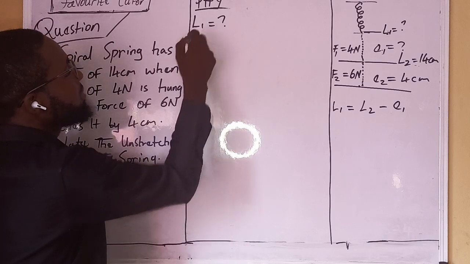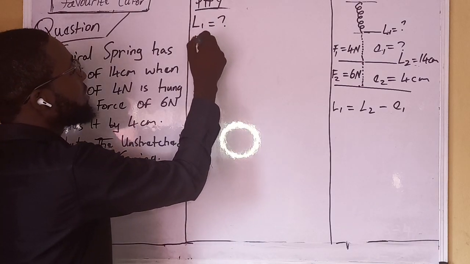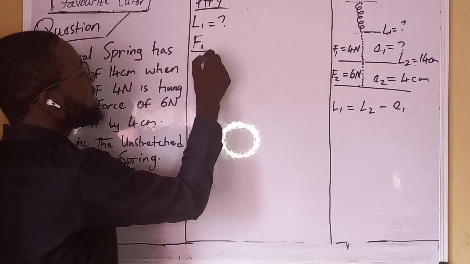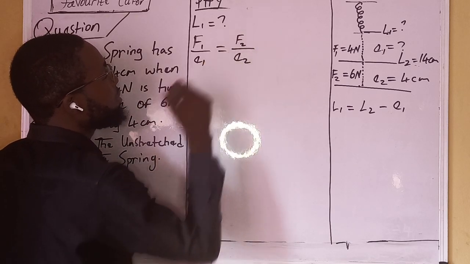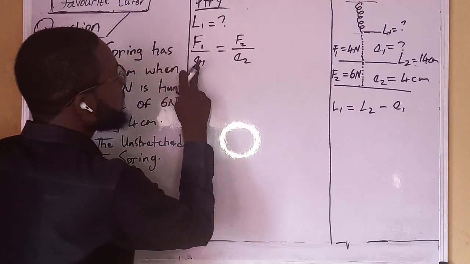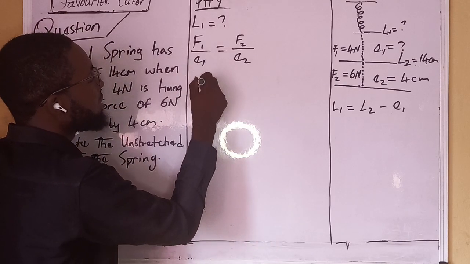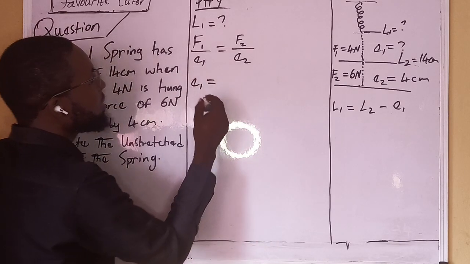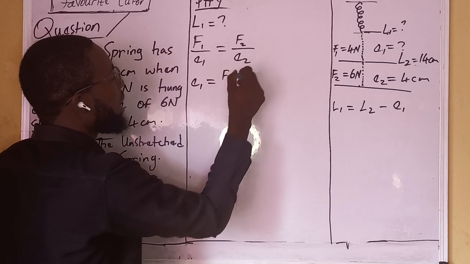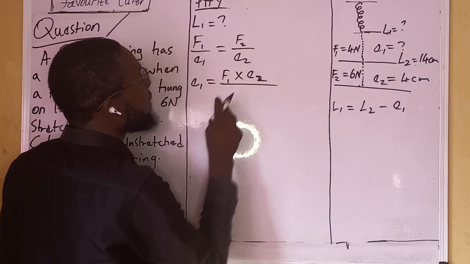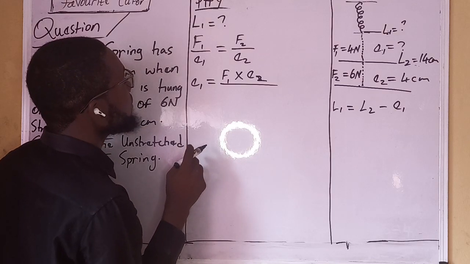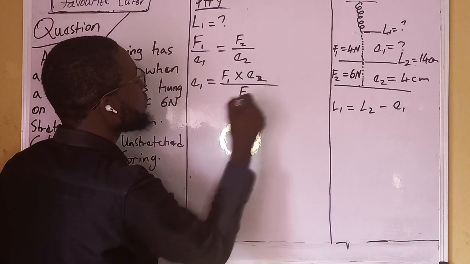Following the equation F1 over E1 equals F2 over E2. So therefore, we are looking for E1. E1 will be equal to F1 times E2 all over F2.